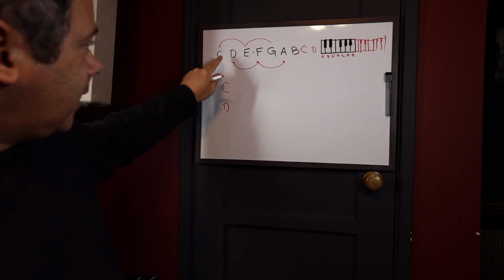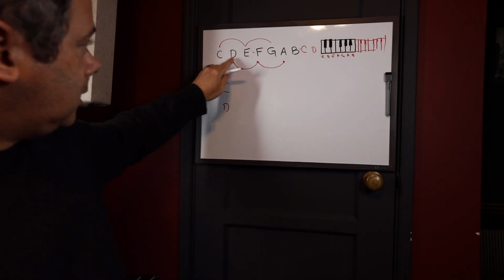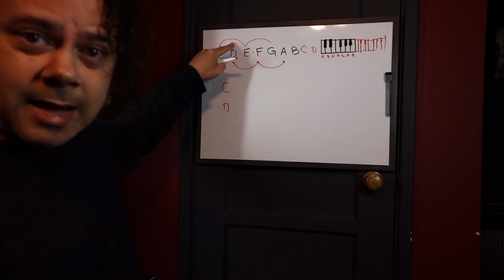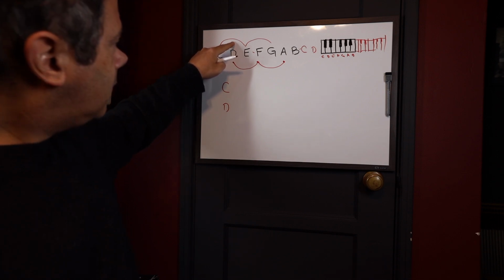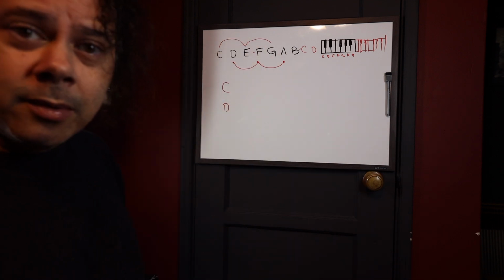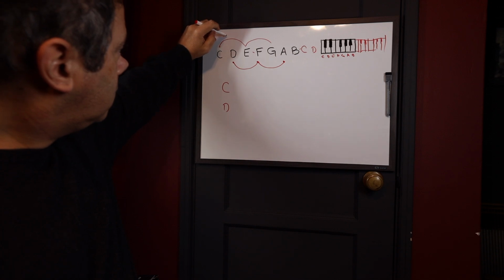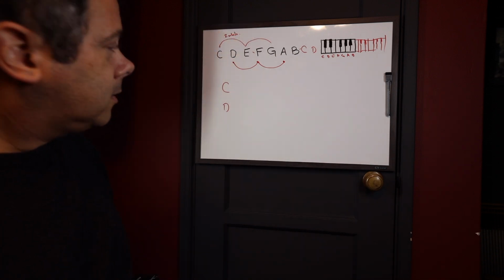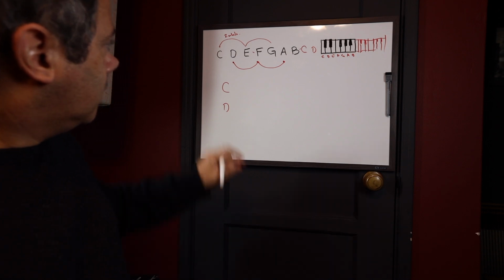So if I count the distance between the C and the E, I have one whole step here and another whole step. So I have two whole steps. I will write it like this. Okay?